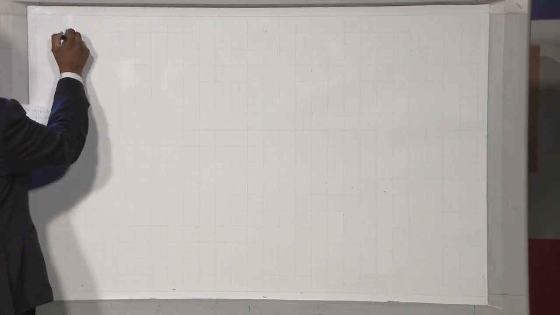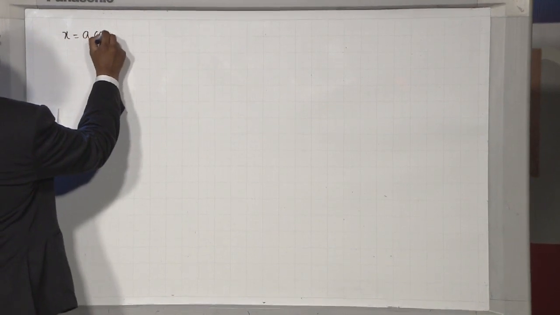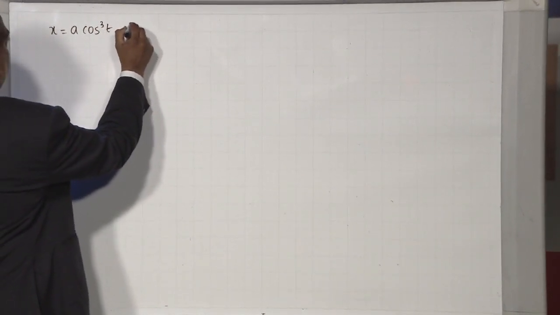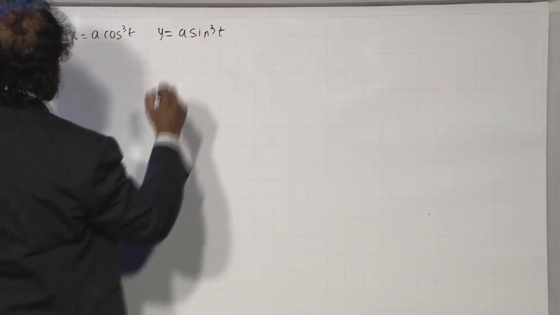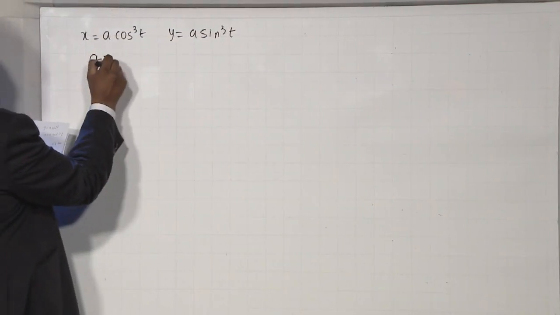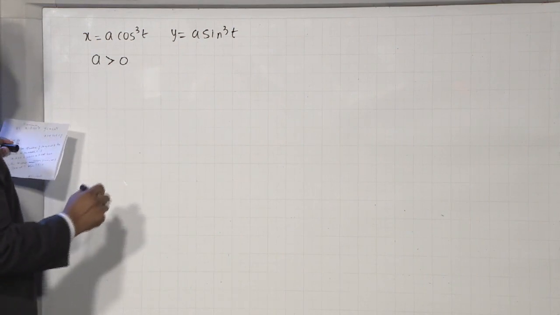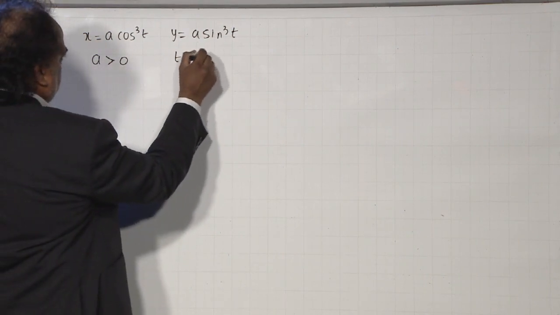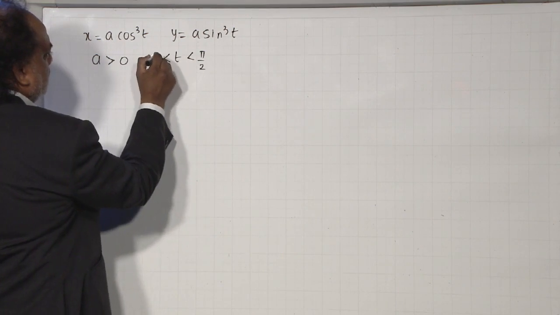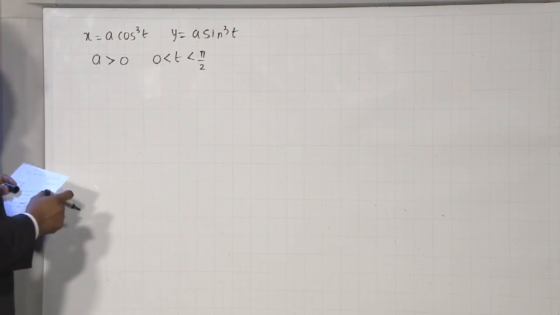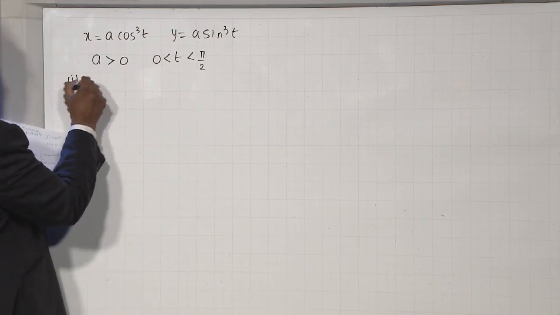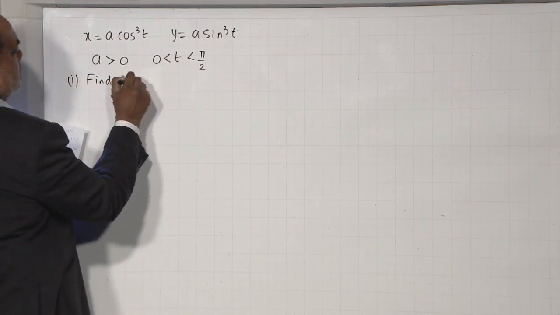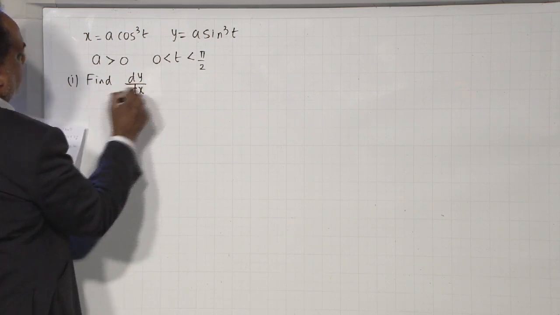All right, we'll take another example. A curve has parametric equations, x equal to a cos cube t, and y equal to a sine cube t, where a is a positive constant and t lies between 0 and pi by 2. First, find dy by dx.